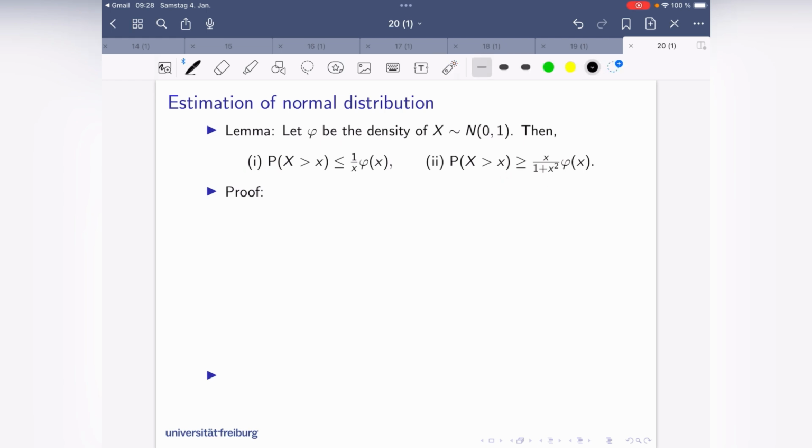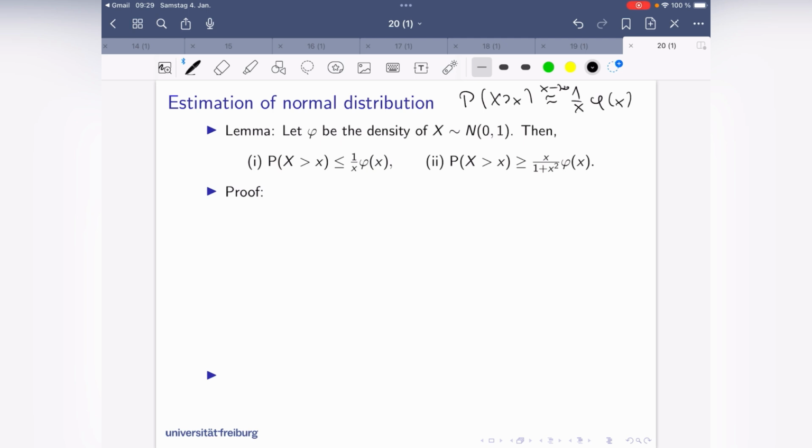And I could then also write what I'm going to do. That's approximately, for x goes to infinity, well, x divided by 1 plus x squared as x goes to infinity is about 1 over x. So I have a lower bound and an upper bound, which are approximately the same for x goes to infinity. So that's about the same, because the quotient converges to 1.